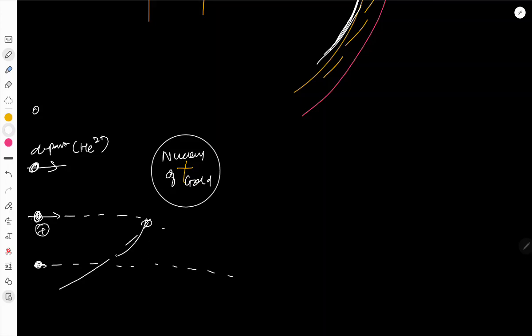As there would be a strong repulsion over here, it would just move out of the way. Over here also the same, and this particle exactly over here would come over here, would stop at a particular distance, and then again move back. This is what he assumed the things to be.